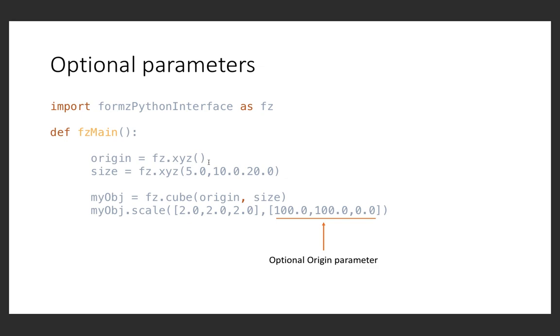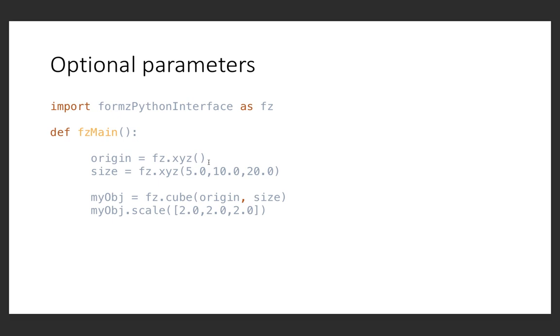If I don't give it that parameter, it's going to use a default value, in this case the Cartesian 0, 0, 0, the origin of the Cartesian system is where it will scale the object about, rather than scaling it about a specific point. So a number of functions will take optional parameters. These are all documented in the FormZ Python interface documentation, which we'll talk more about a little bit later.